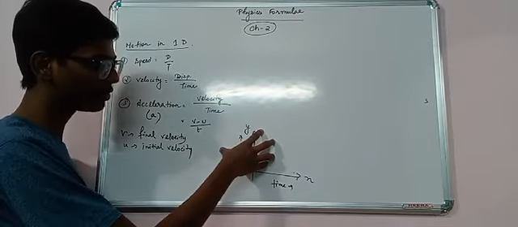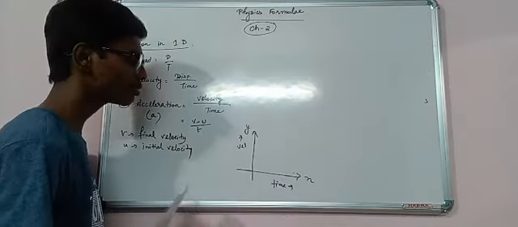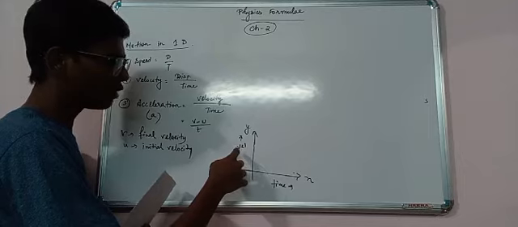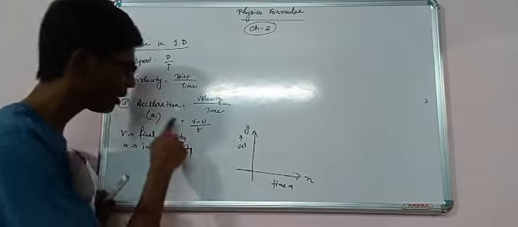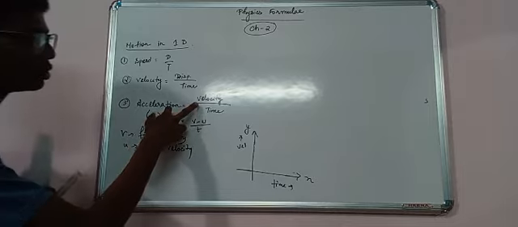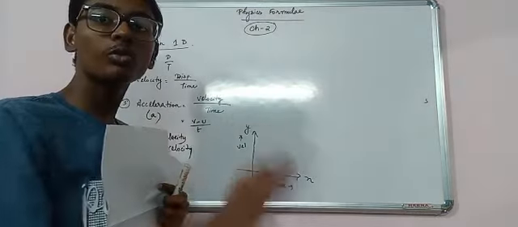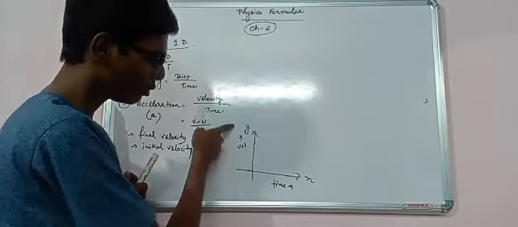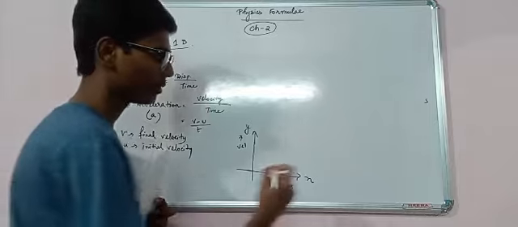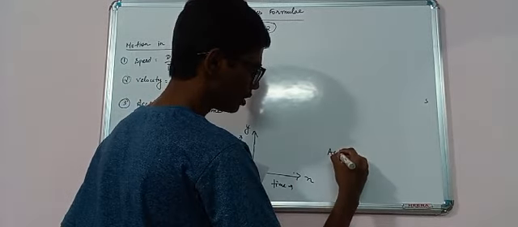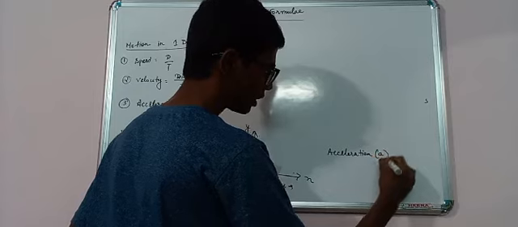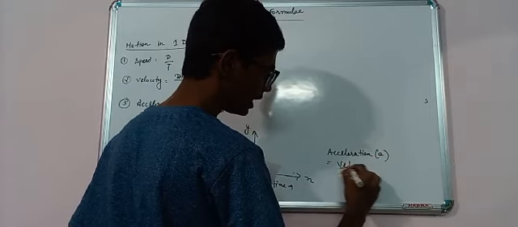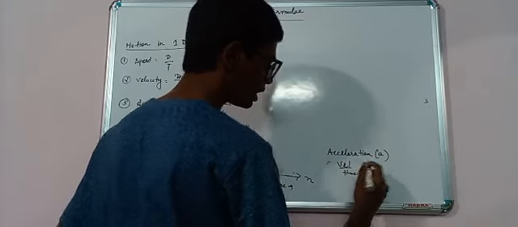So here, I have taken a velocity time graph. Now, if I want to find out acceleration, what will I have to do? Velocity by time. So if I want to find the acceleration, that is A, I will have to do velocity by time. But here we cannot say velocity by time.